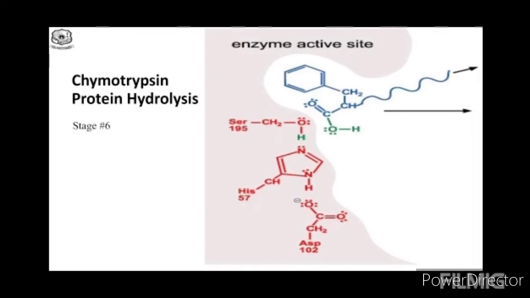So in stage 6, the OH group from the water molecule is attached to the carbonyl end of the N-terminal group, and the hydrogen is attached to the serine part, which is then transferred to histidine, and the catalytic triad is regenerated. So the total action is the cleavage of the long chain protein molecule into a carboxylic acid and an amino compound.